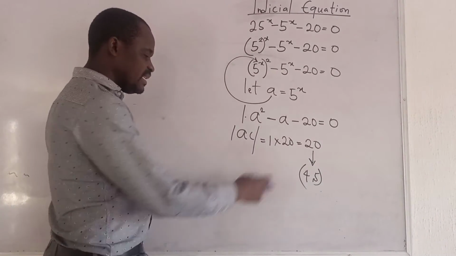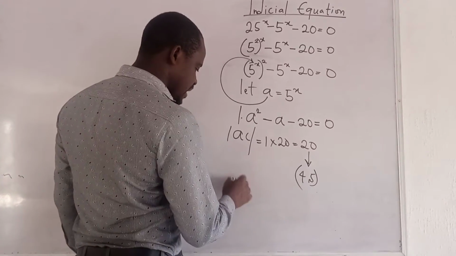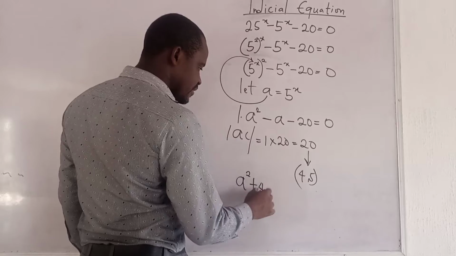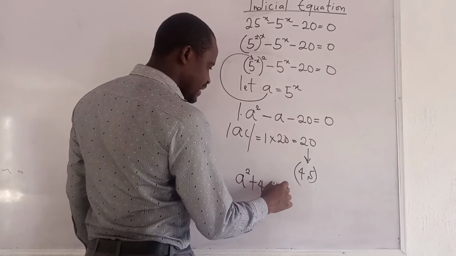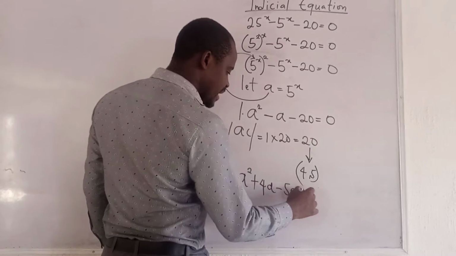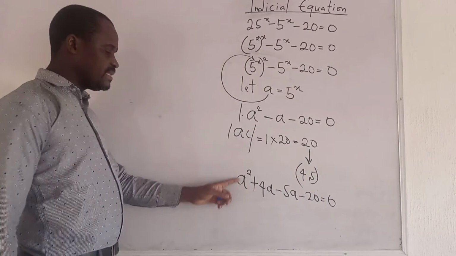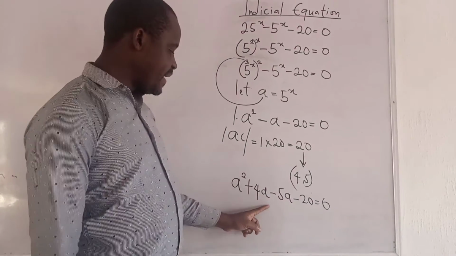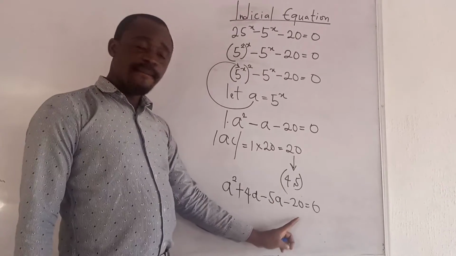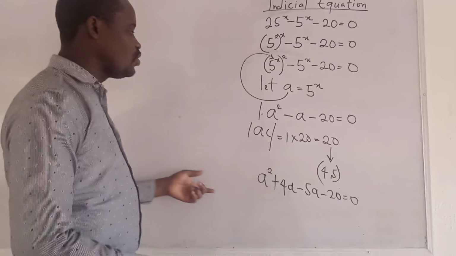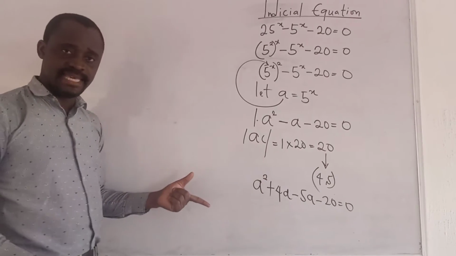Now, looking at this, the signs that will exactly work with this will be A squared minus, or let's make this a plus, 4A minus 5A minus 20 equals 0. So you can say this is A squared plus 4A minus 5A minus 20 equals 0. Now that this is done, I will collect like terms.